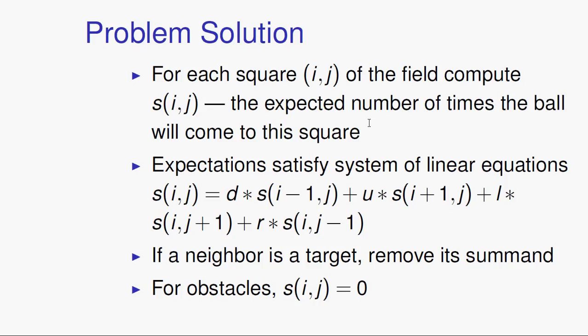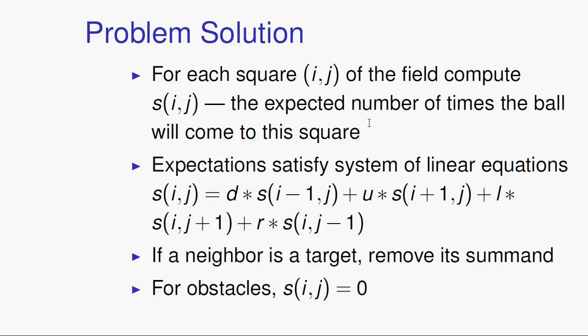The equations will look like the one on the slide, but there are some corner cases which we should account for. So for example, if a neighbor is a target, then the ball cannot come to our square from this neighbor, because as soon as the ball gets into a target, it stops. So it cannot come to our square from the target.